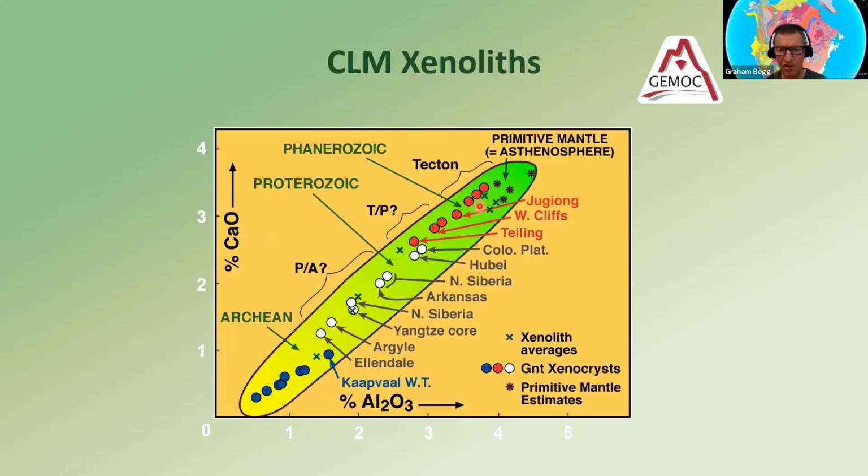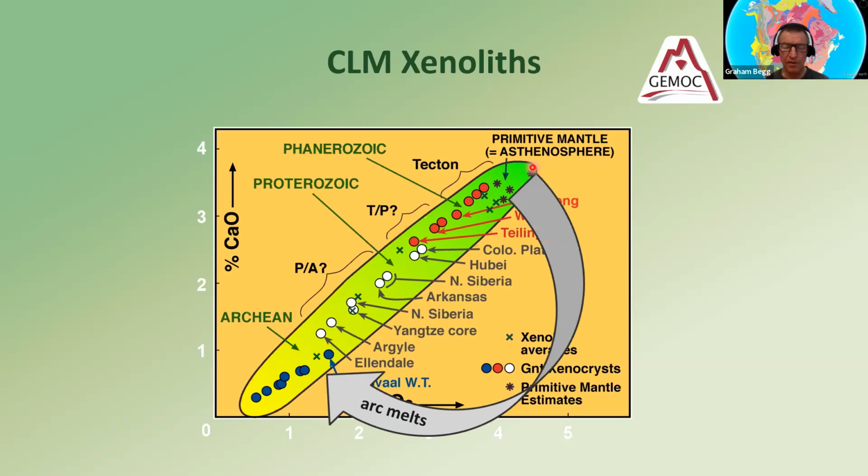And then as you come to the Phanerozoic terrains, they're even higher in calcium, aluminium, and iron. And then you get to the convecting mantle. This is the upper mantle composition, which is very fertile.